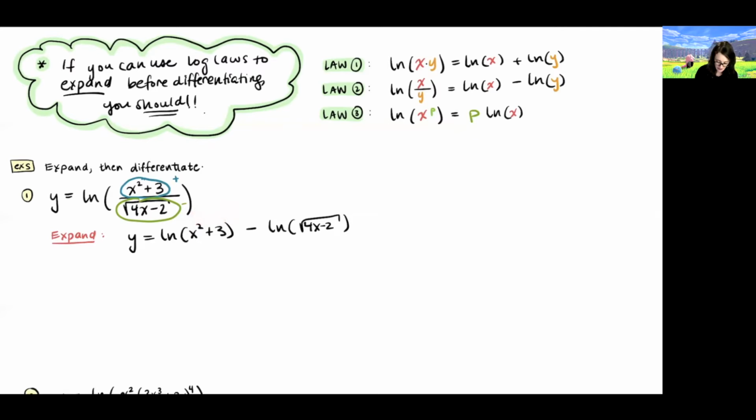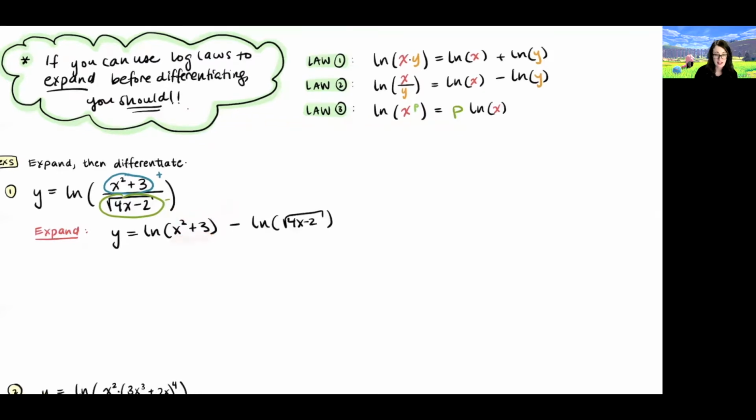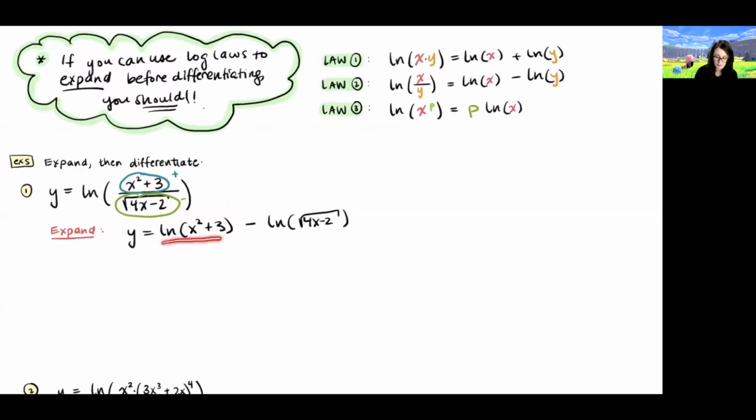This is not a big thing raised to the second, so this one is expanded as far as we can get. This one here, though, has an exponent of 1/2 on it, so we can simplify that one by bringing the 1/2 down as a constant multiple. Now we've expanded all the way, so now is a good time to differentiate.